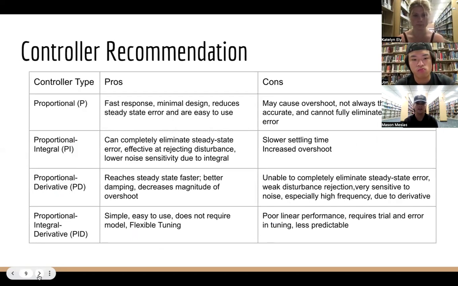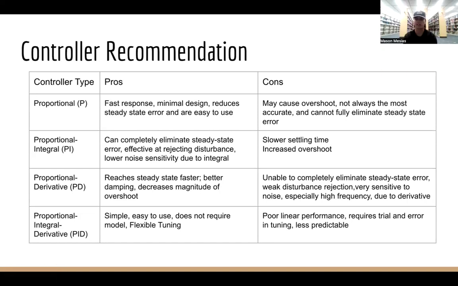So a controller recommendation for us: proportional is fast response and minimal design, which is much easier to use. However, it has a lot of overshoot and it won't be able to eliminate the steady state error. PI controllers can completely eliminate the steady state error, and it's also very effective at rejecting disturbance. However, it has a slower settling time with increased overshoot as well.